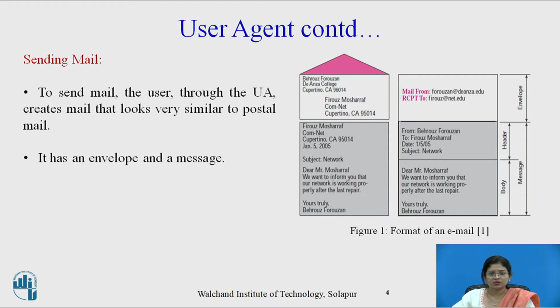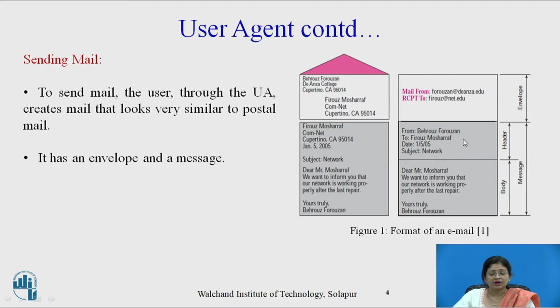In postal mail, there is an address part and a message part, whereas in the email architecture, the user agent consists of an envelope and a message. Here the envelope consists of the sender address as well as the recipient address, and the message contains two parts: the first one is the header and the other one is the body.